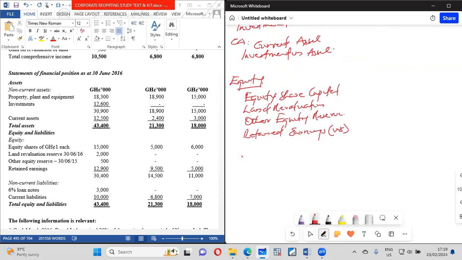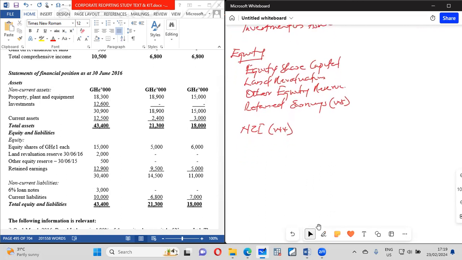Then definitely we will have an NCI, which will come via workings 4. Then the non-current liabilities, we have 6% loan notes. Then we have our current liabilities. So basically, that is that.